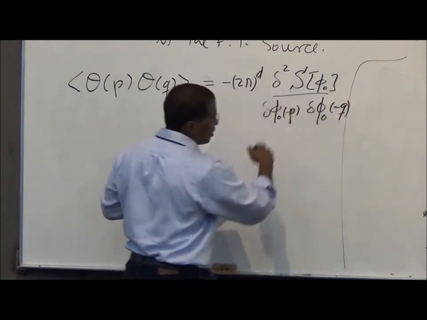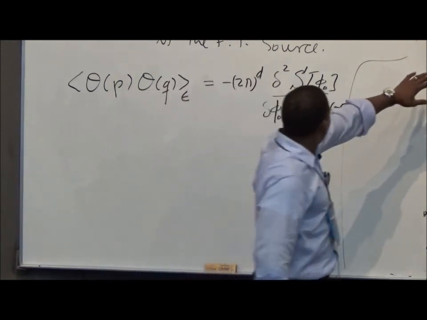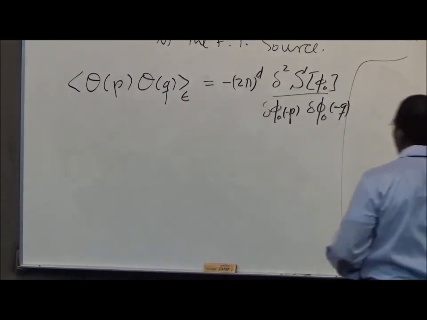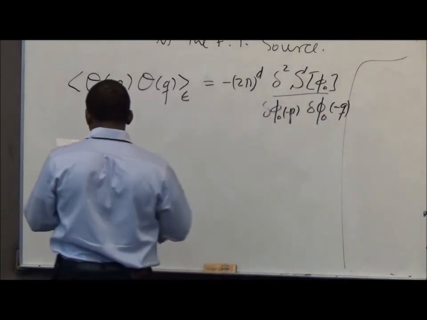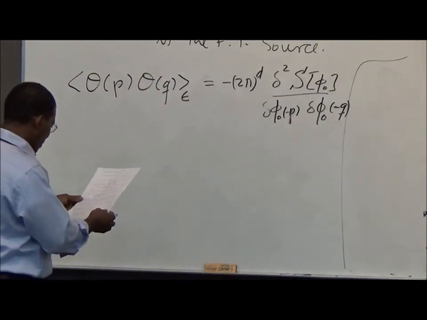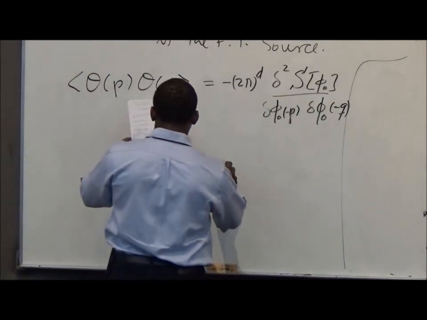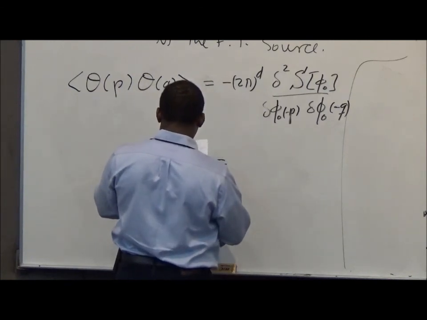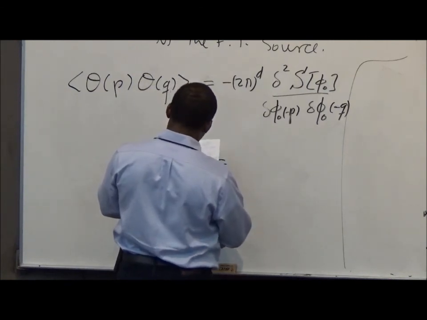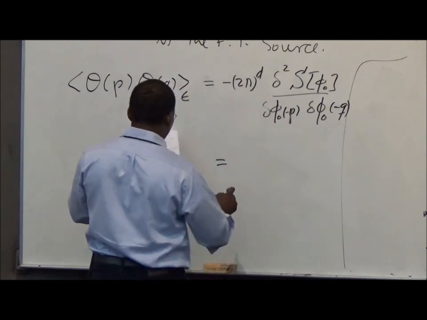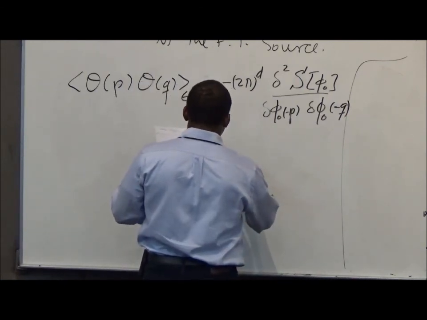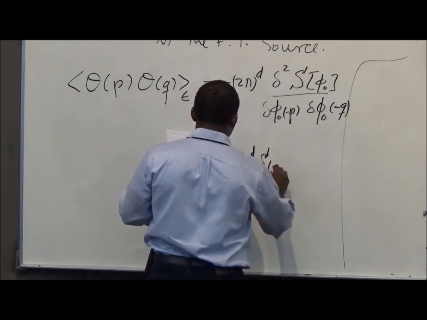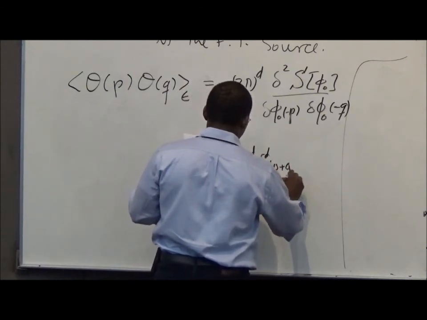Okay, this is now the differentiation I need to do. This is my S that depends on phi 0. Here, I differentiate twice, and I take the appropriate limit. And what I'm going to get is, so let me define D is delta.